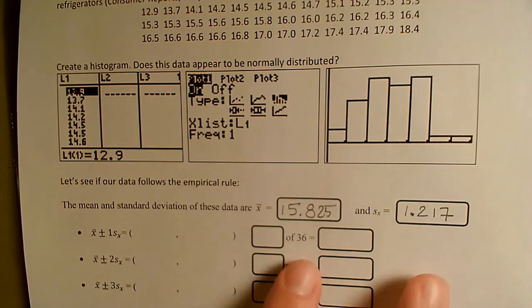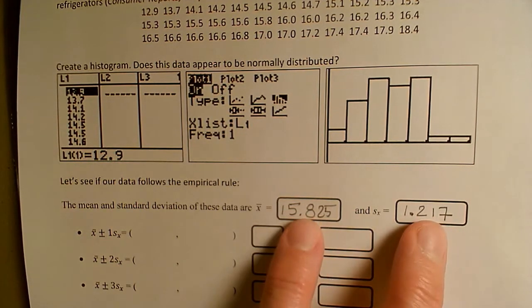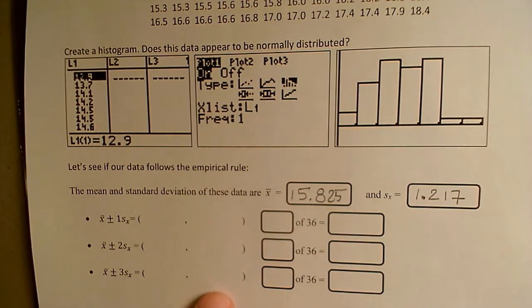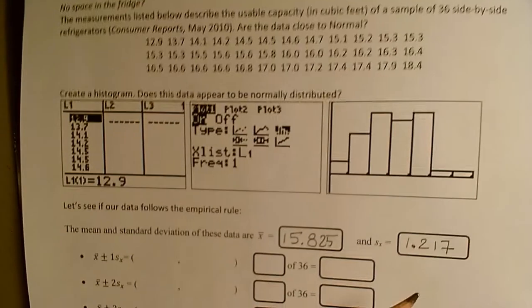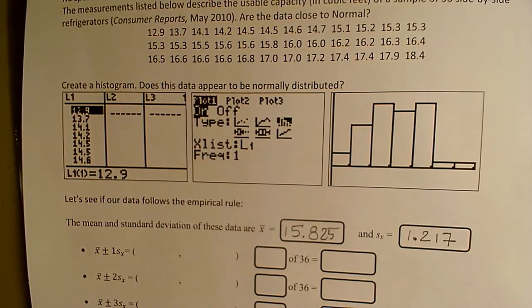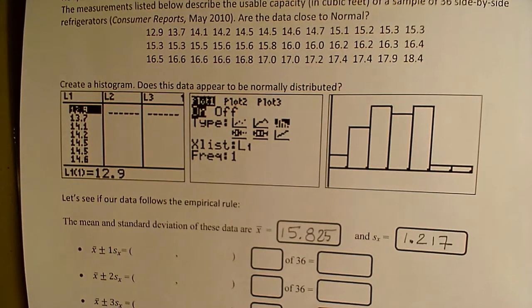So let's use this mean and standard deviation to do some calculations of some intervals using our empirical rule. Let's see if this data falls into the empirical rule percentages that we know from our last lesson.